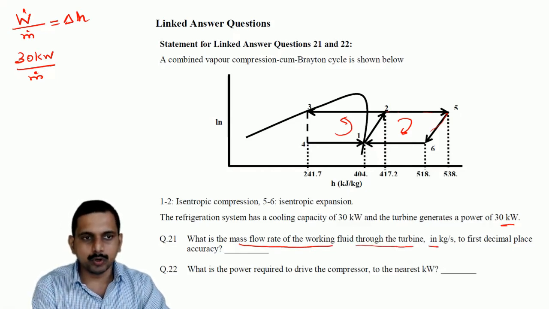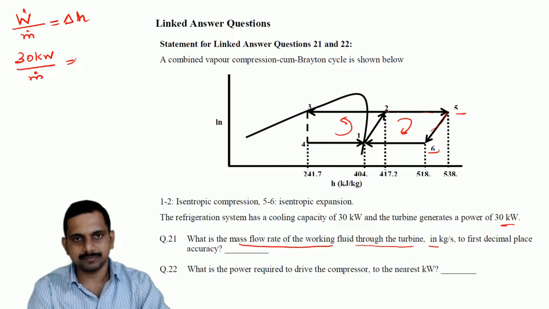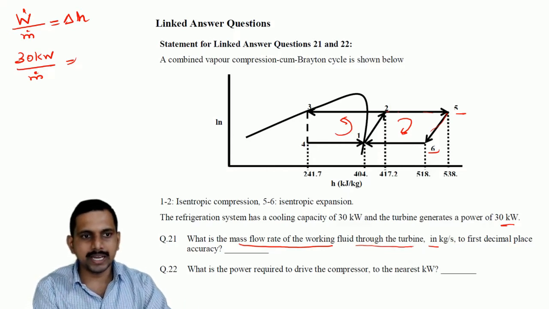That is equal to delta H. What is delta H? Difference between 6 and 5. That comes to 538 minus 518, which is equal to 20. So my M dot is equal to 30 divided by 20, which is equal to 1.5 kg per second.